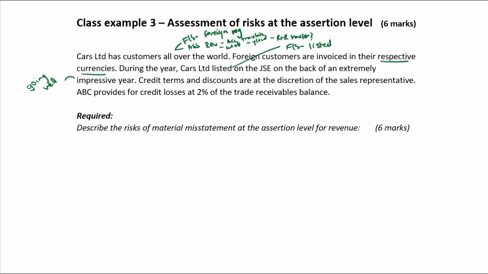Credit terms and discounts are at the discretion of the sales representative. So I've automatically now got a concern here. In terms of my revenue cycle, there is a lack of segregation of duties because it's the sales representative who determines the credit terms and discounts, and I've got no authorization.